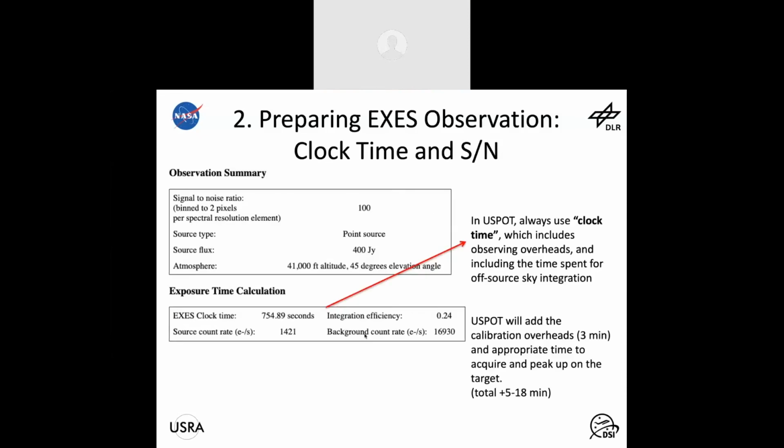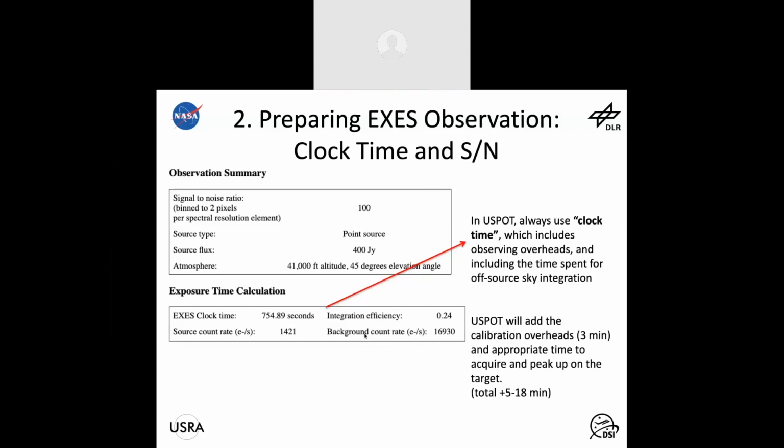So after hitting submit, you get an observing summary that pops up, including all the most relevant things that defined the observation. And it'll spit out an EXES clock time. This is the time spent accounting for nodding off source and the latencies of the detector computer, and it also includes nod settling times.